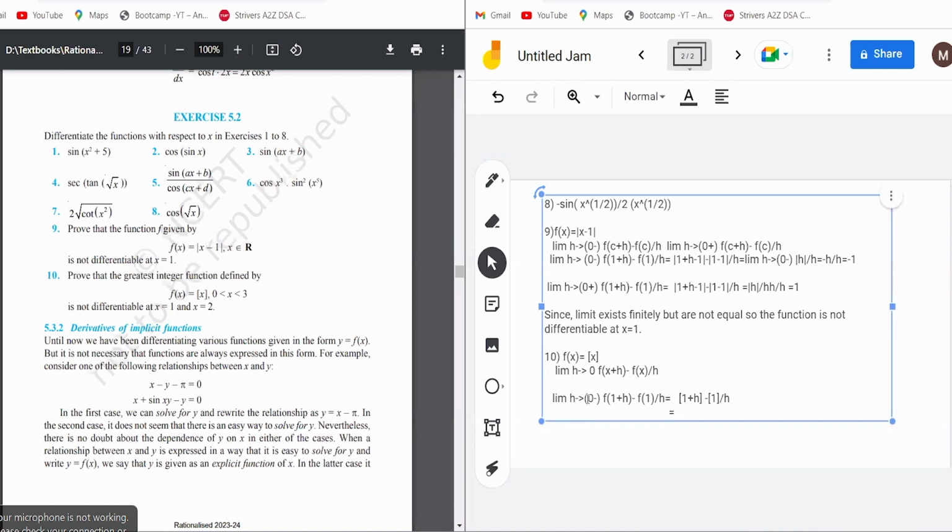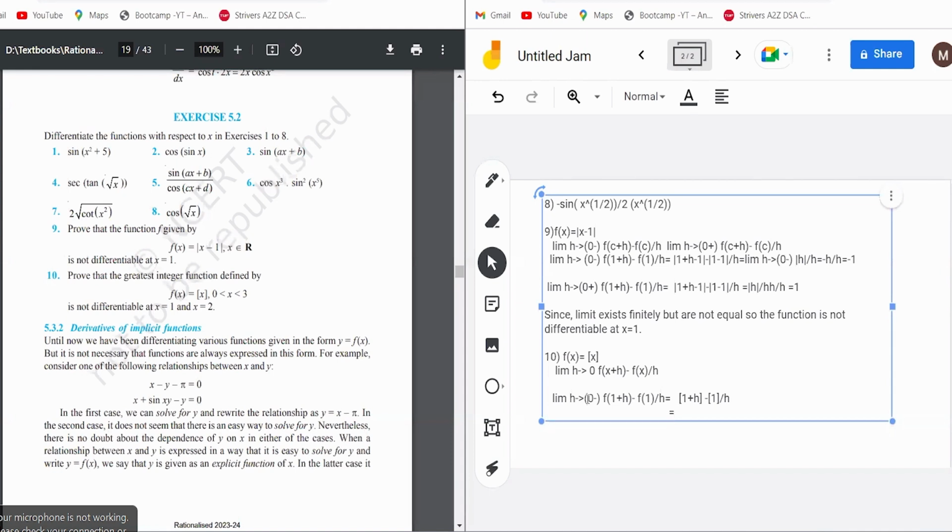And we know that the greatest integer function is a function which gives the value just before the value which is given in GIF. That is, if the value given inside the greatest integer function is an integer, then we will print the integer only. But if it is not an integer, if it is something like a decimal number, then the integer part of the decimal number will be printed. So it is 1 plus h.